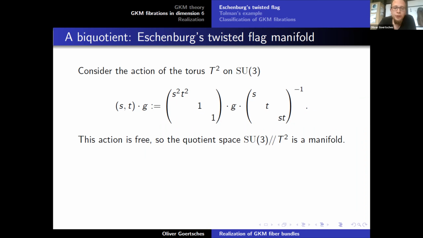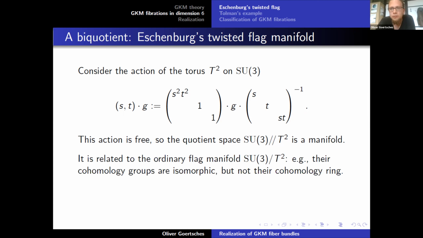Okay, so SU3 mod T2 and this manifold are very similar in some respects, but they are not the same manifold. For instance, one can check that their cohomology groups are isomorphic, over the reals, over the integers, but their cohomology rings are not isomorphic. So these are really not the same manifold.